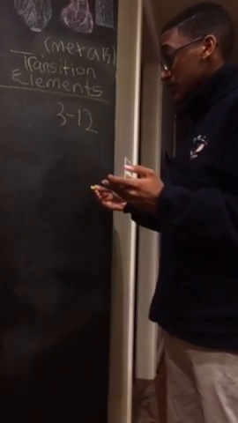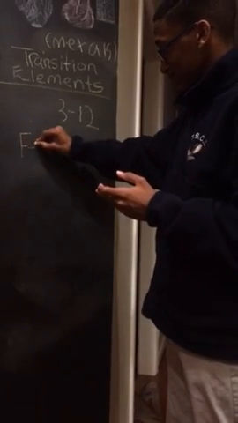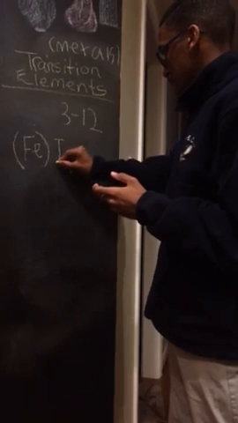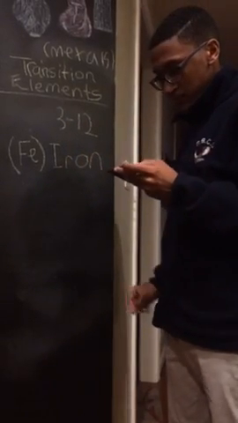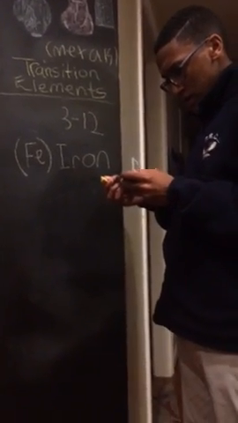An example of a transition metal would be iron. Iron is found in group 9.